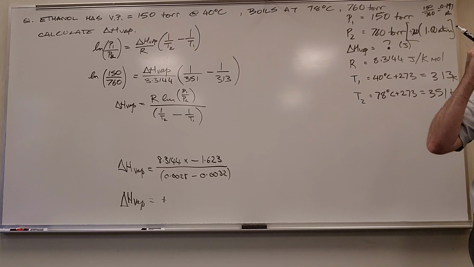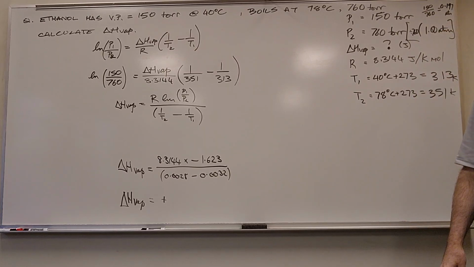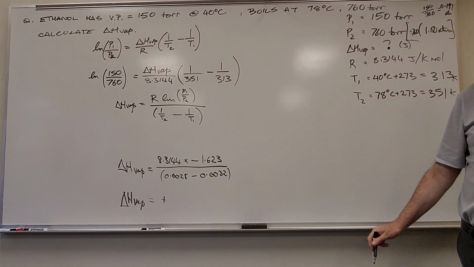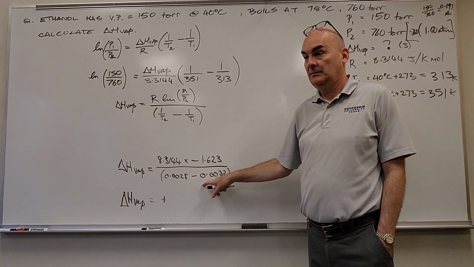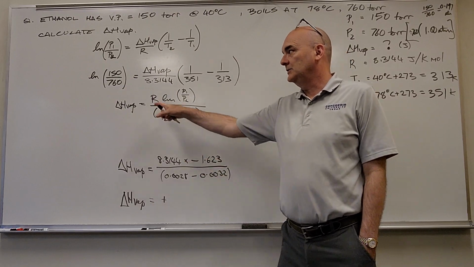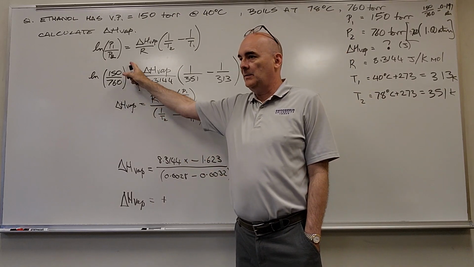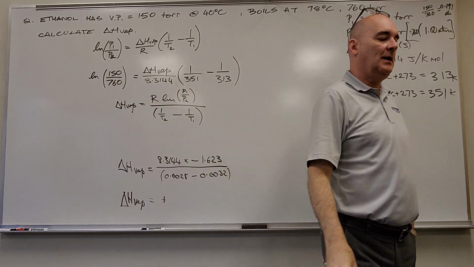So yes, enthalpies can be positive or negative, but in this case, if you get a negative number there, you should suspect that you've probably done something wrong in the calculation. Probably here, because your calculator is going to know small number divided by big number, natural log of that is going to be a negative number.